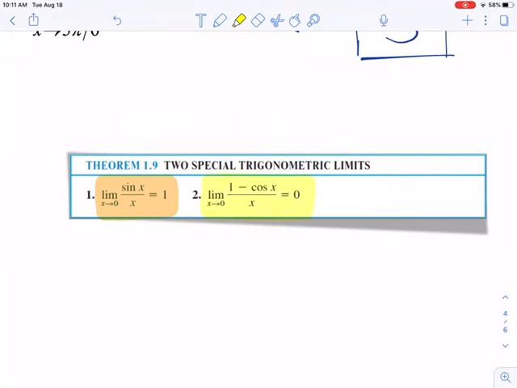Next, we have the limit as x approaches 0 of 1 minus cosine of x over x, and that's always going to equal 0.